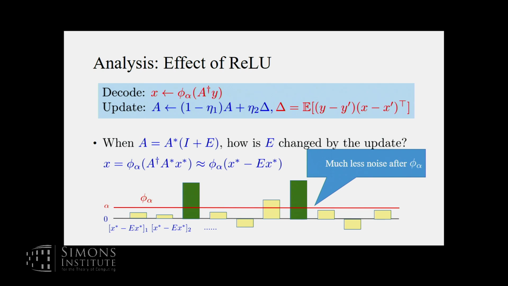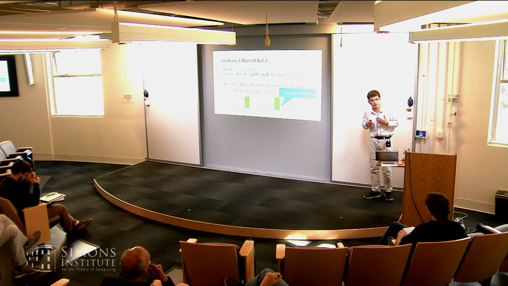If you don't know the sparsity, then... Right, this is something that we need to think more about. Basically our guarantee is that there is a set of parameters alpha and step sizes eta 1, eta 2, such that you can get this result.